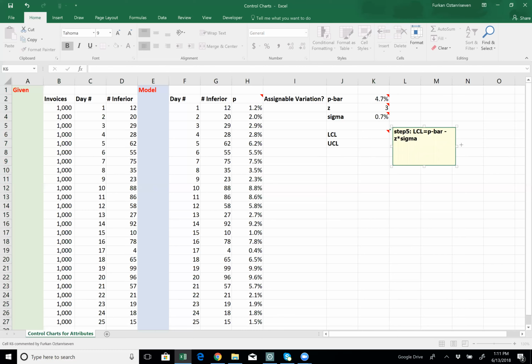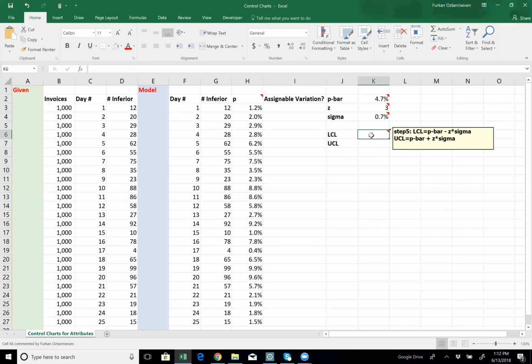All right. So this is my lower control limit. Okay, so I will calculate the upper control limit in a very similar fashion. The only difference is the minus will become plus. Upper control limit, this minus will be plus. That's the only difference. Okay, so I have my formulas.